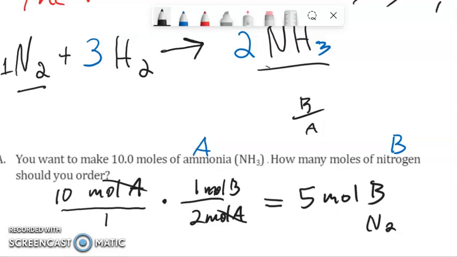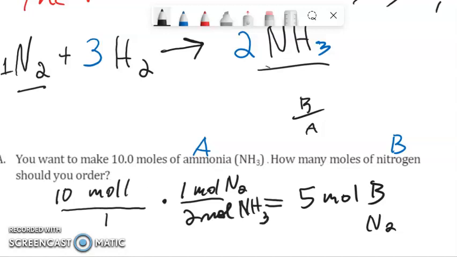Okay. So one more time, we use this ratio, 2 ammonias to 1 nitrogen. Let me try this over with that. So we have 1 mole in 2 moles in NH3, and NH3.